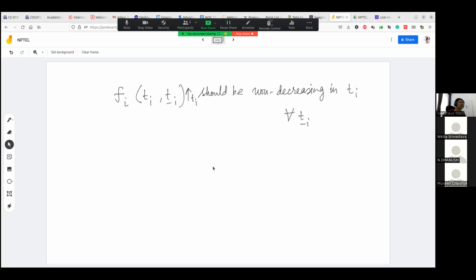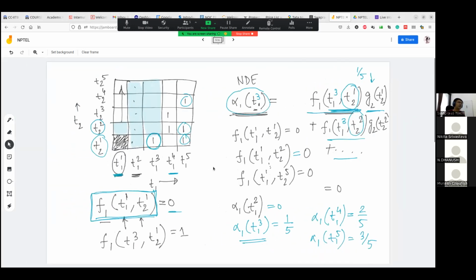Now let's come back to the previous example. Does it hold? If I look at the type of the other player, let's say player 2 has type T2,1.